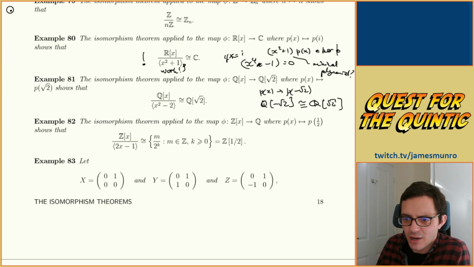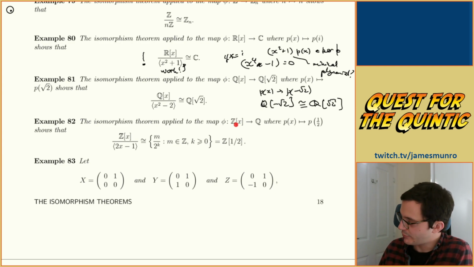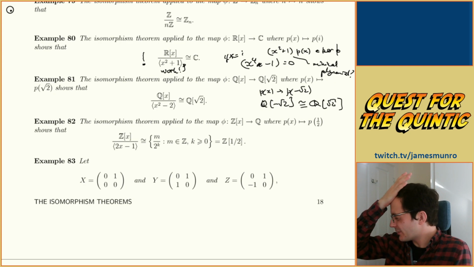Okay, plugging in 1/2. Oh my goodness. Z[x] doesn't really have 1/2. It's kind of a bit cheeky, isn't it, to take a polynomial in Z[x] and plug in 1/2. But I guess this is defined as you've got your polynomial, Z is in Q, so everything's fine. Consider that as a polynomial in Q[x]. I guess nobody ever said that x was a number.